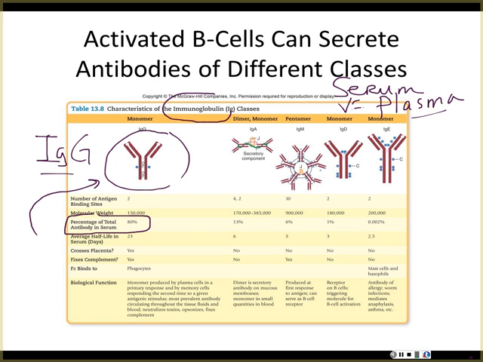But of all these various kinds of antibodies you may have, 80% of them fall into that category in your body fluids. Notice here on this table, some types of antibodies can cross the placenta and some cannot. The ones that can are going to be beneficial to the fetus, the developing fetus. Where it says fixes complement, that just means some types of antibodies attract in these complement proteins that can cause microbes to burst, and some don't.